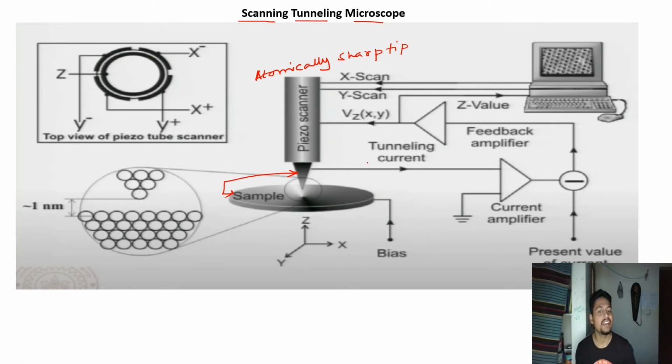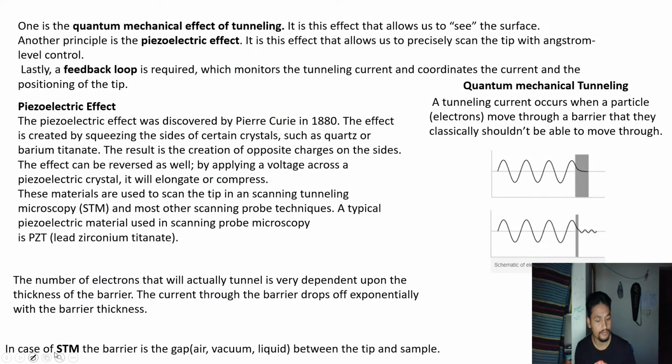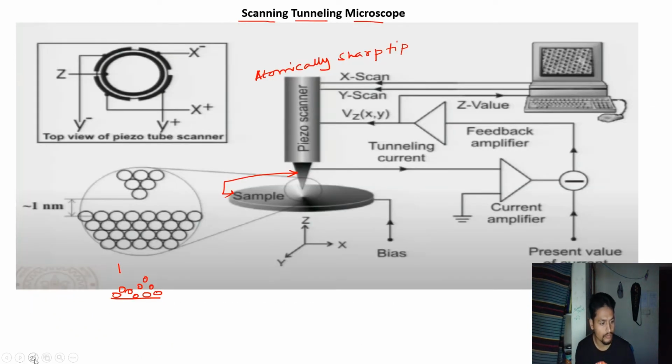is not actually independent, because let's say this is a surface, and this is a very corrugated surface. Now, if we fix the tip, let's say this is the tip, here it is okay, we can measure the tunneling current.